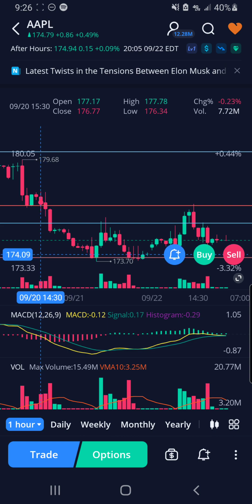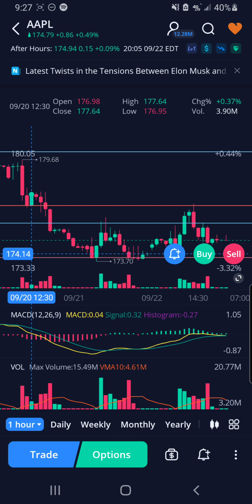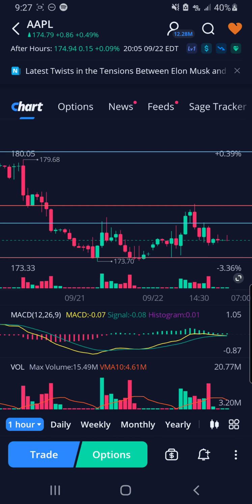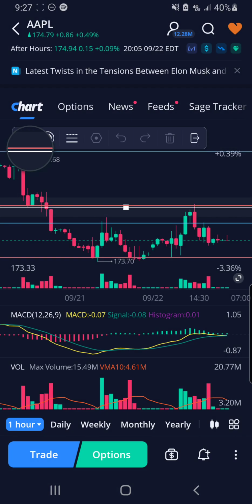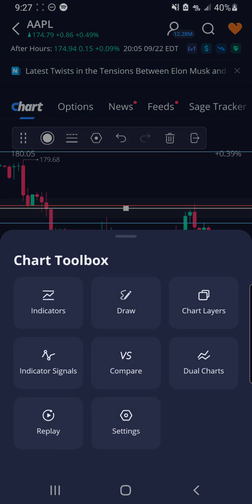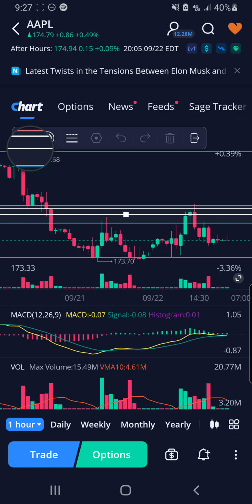Because you see the wick, buyers stopped. Buyers came in here, then the very next candle, buyers stopped coming in there. So, to me, the last time buyers stopped coming in is going to be the range that you're looking for.